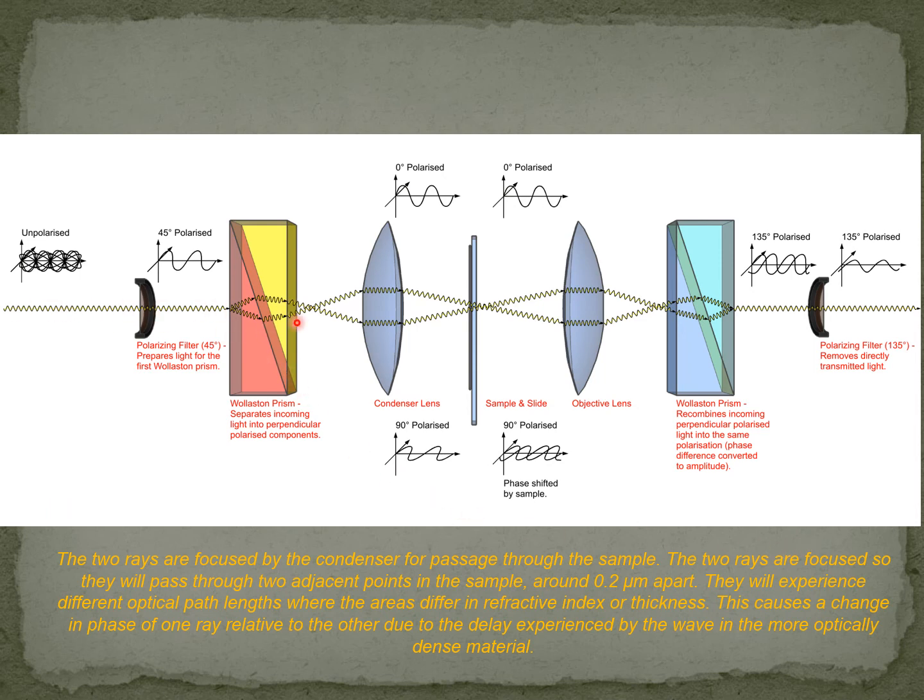So the incident light beam is split in two rays, it will focus into two adjacent points, and as soon as there is a difference in the material, like for example a membrane that is very close, one of the beams can pass through the membrane, the other one can pass through the medium immediately adjacent to the membrane, and this is what allows us to obtain those images without using contrast or chromophores or any other stain to give color to our sample.